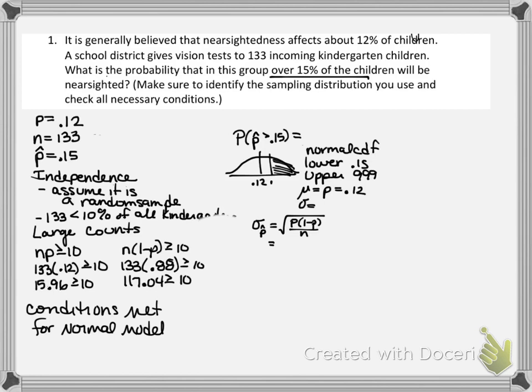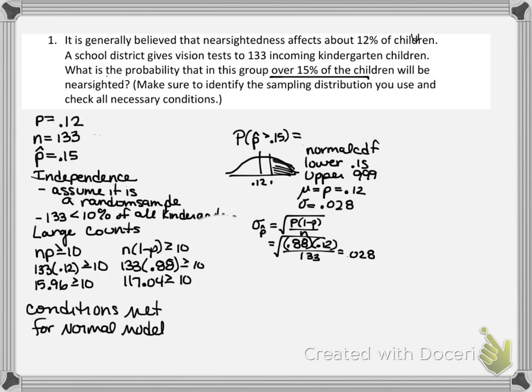That is the square root of 0.88 times 0.12 divided by 133. That gives me 0.028.